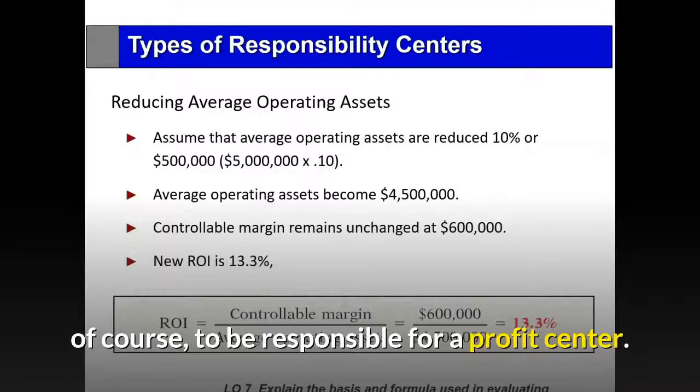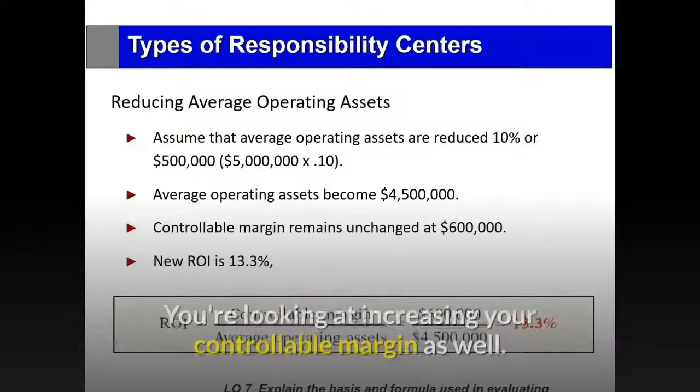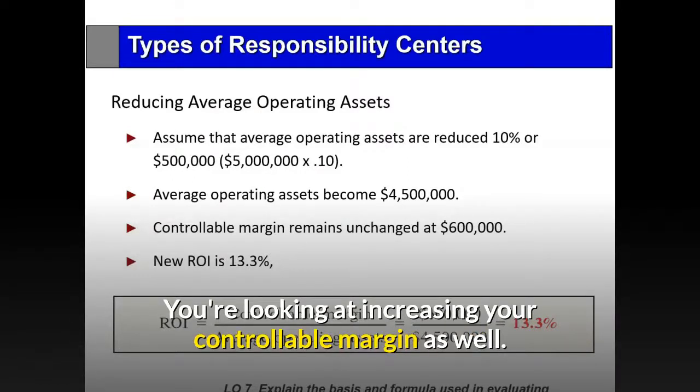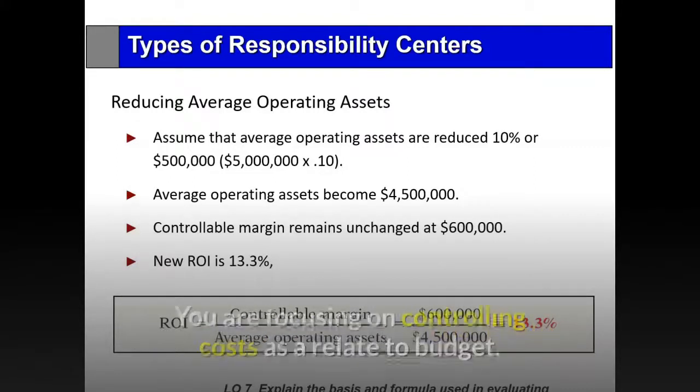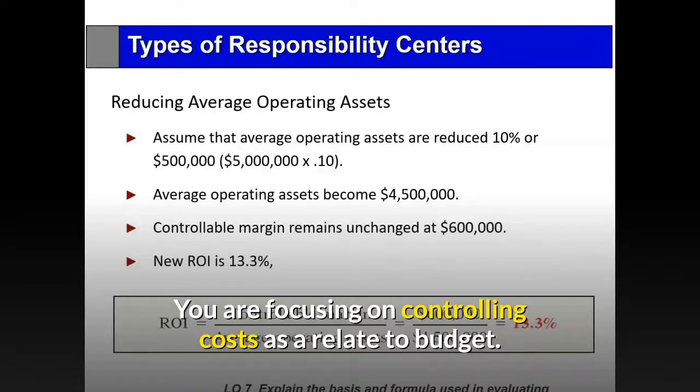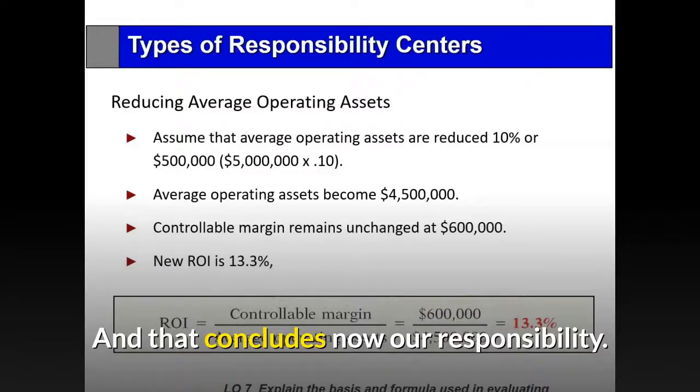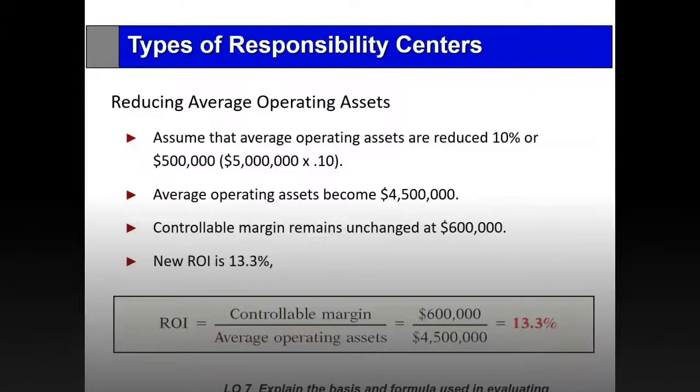Of course, if you're responsible for a profit center, you're looking at increasing your controllable margin as well. If you are a manager of a cost center, you are focusing on controlling costs as it relates to budget. And that concludes now our responsibility accounting centers.